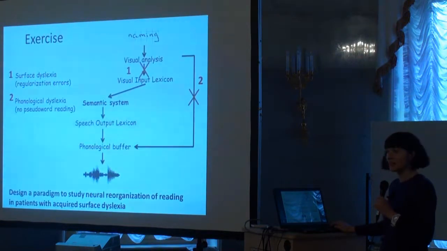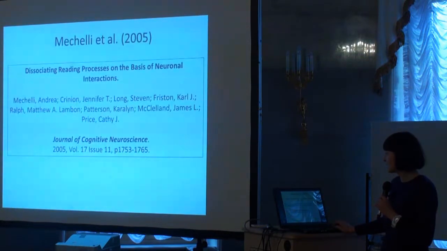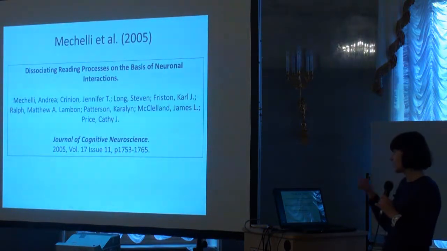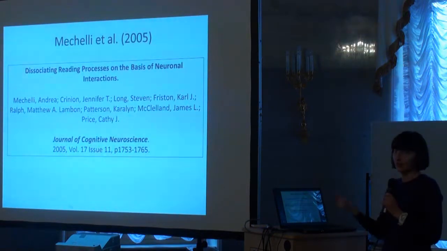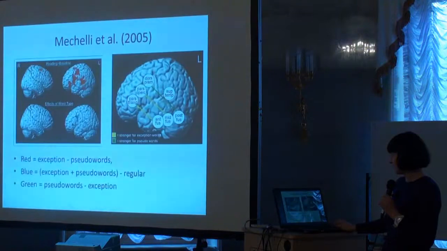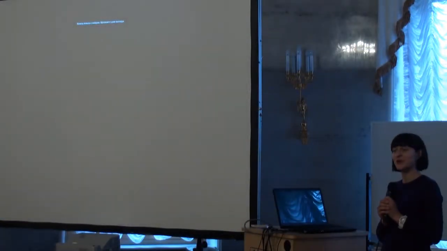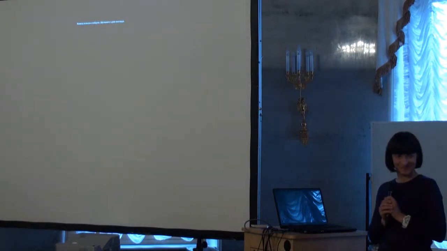This is actually an idea for your first fMRI study, because it was never done in patients, but a similar study was done in healthy participants, and in this paper they dissociated those two pathways on the brain level in healthy participants. And there is some data here. So this is your home task. Thank you very much.